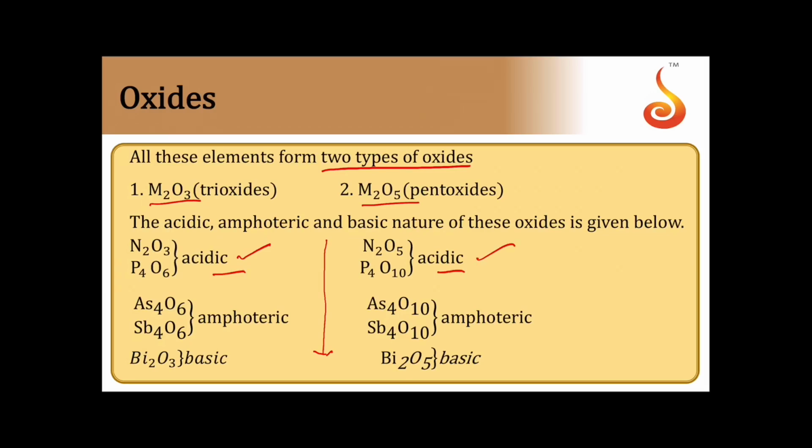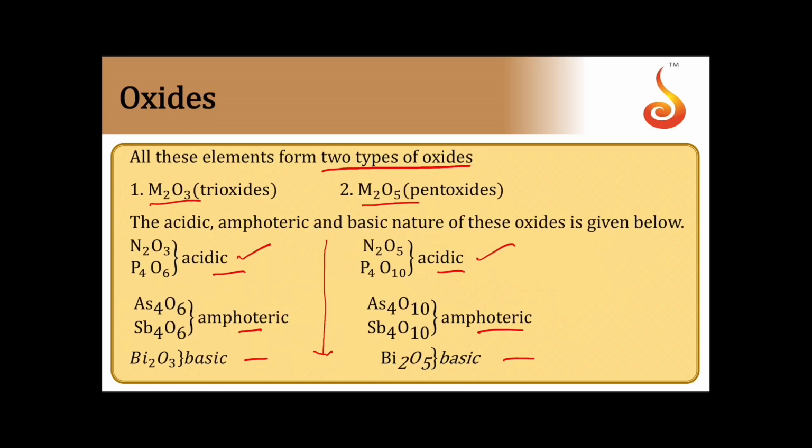The next two are amphoteric in nature, and the last is basic in nature. That is to say, as the metallic properties increase down the group, the oxide properties change from acidic to basic.